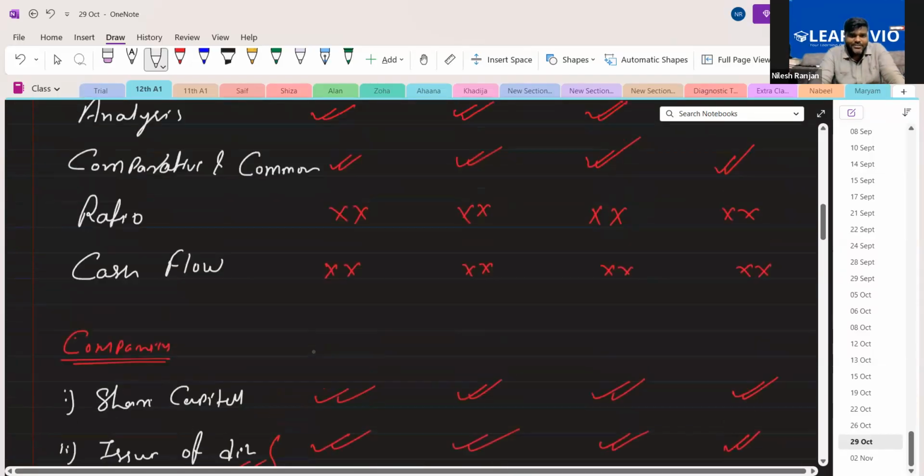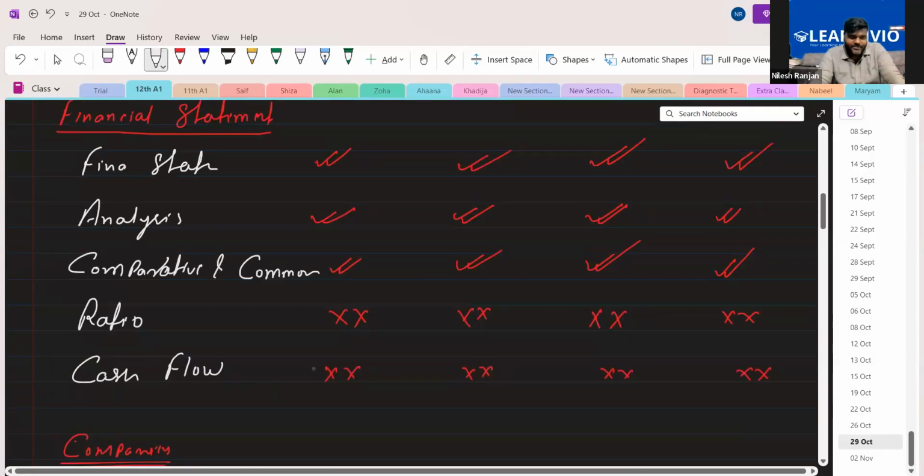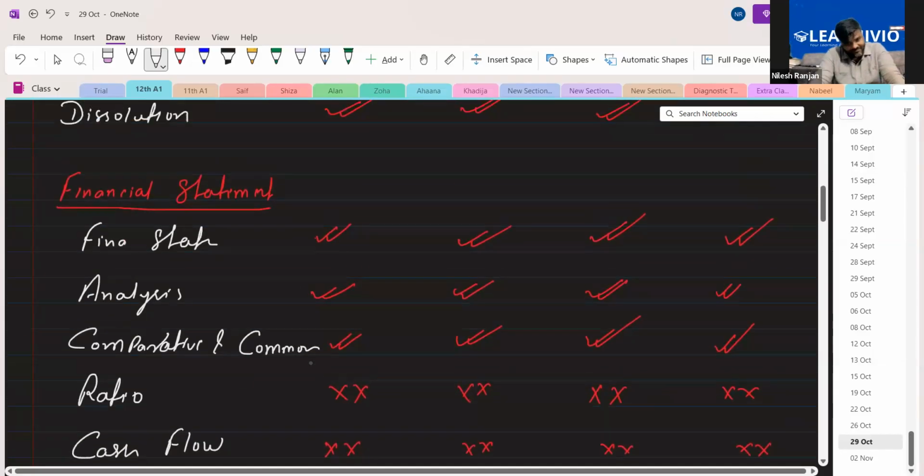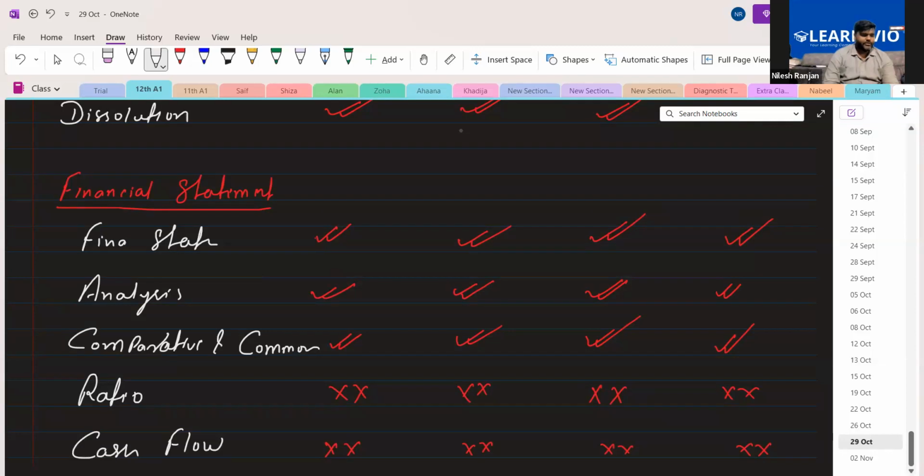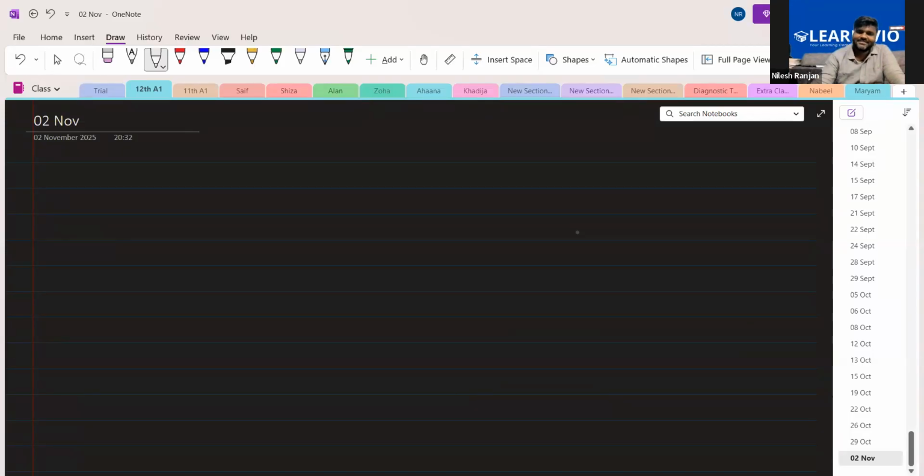So, ratio and cash flow are now left. So, which one should we start? Ratio will be fine. Accounting ratio will be fine. Yes, sir.